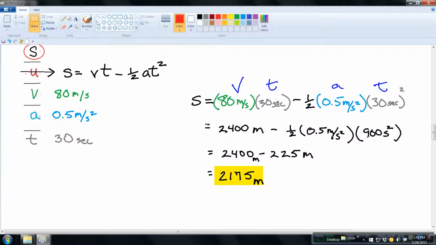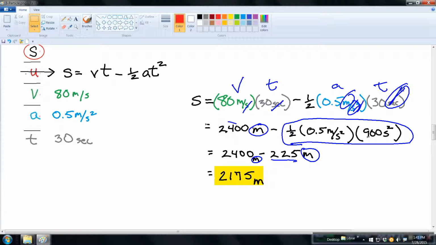So we multiply 80 times 30, and the meters and seconds squared cancel out, and we're left with meters. We end up with 2400 minus 225, and so we find that our displacement from B to C is 2,175.